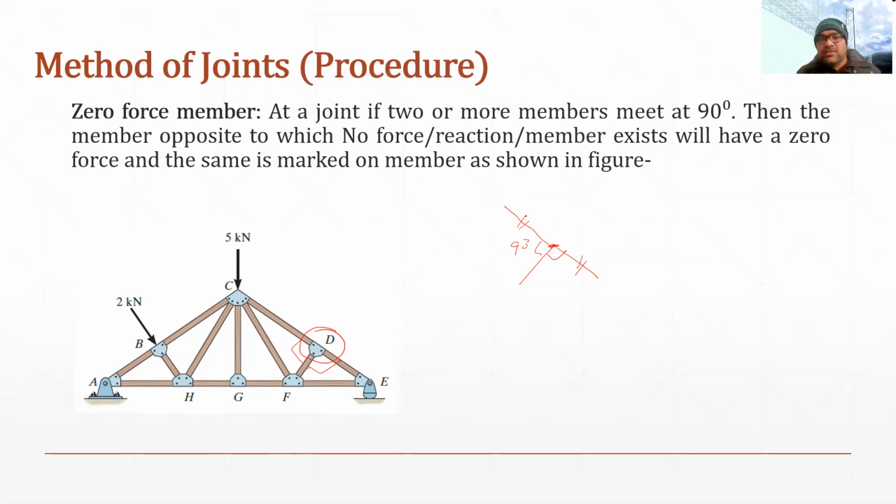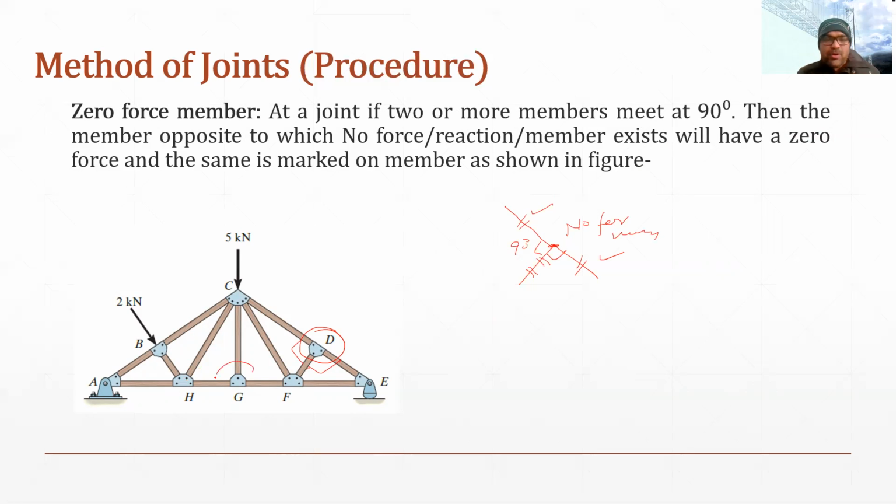That is why this member and this member will not be zero force members, because they are opposite to each other. But if I talk about the third member, this one, opposite to this there is no force and there is no member. So this member will be a zero force member.